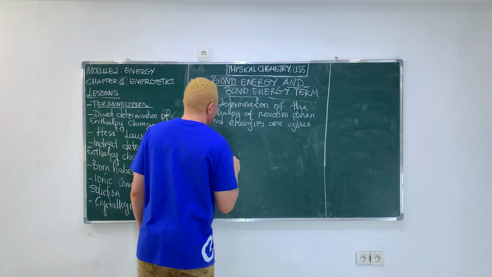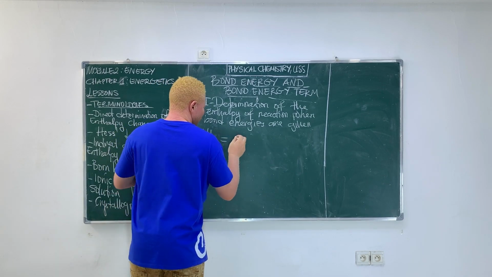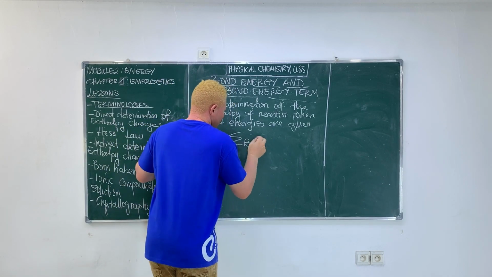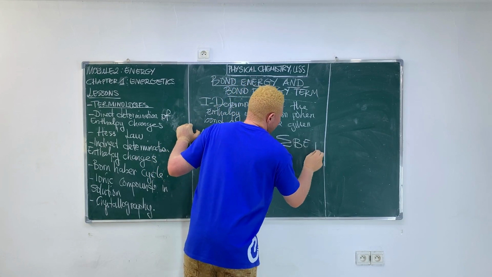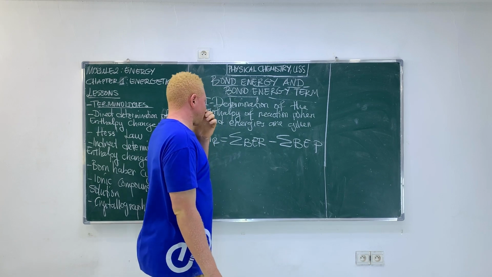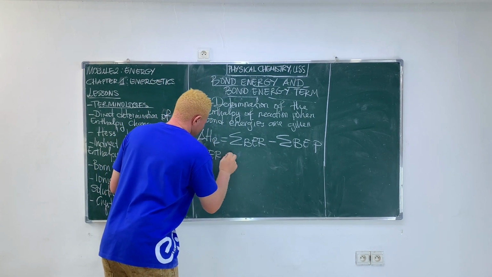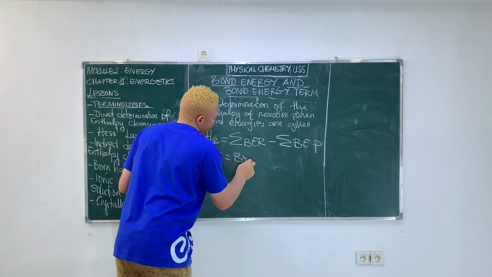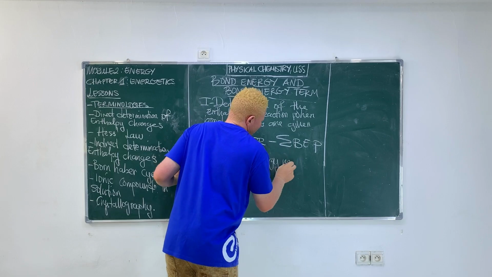So I'm going to give you the formula. The enthalpy of reaction in this case is summation bond energy of the reactants minus summation bond energy of the products. So BR stands for bond energy of reactants.